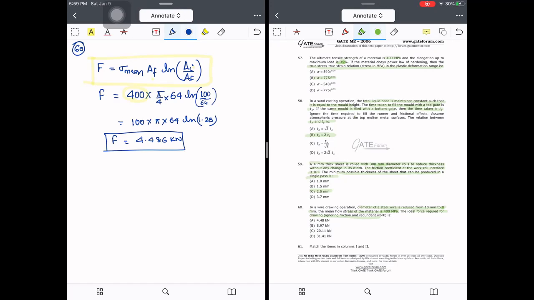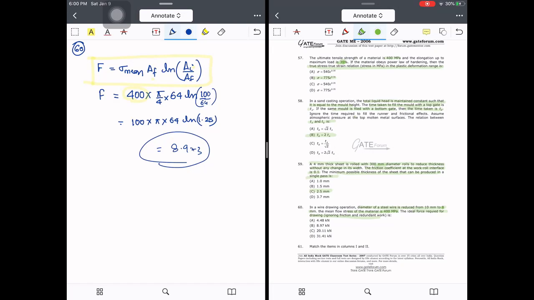If I calculate properly once again, 100 into pi into 64, divided by 64, ln, memory read. It is approximately 8.973 kilonewton.